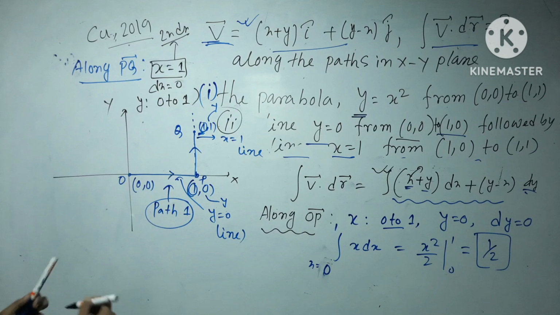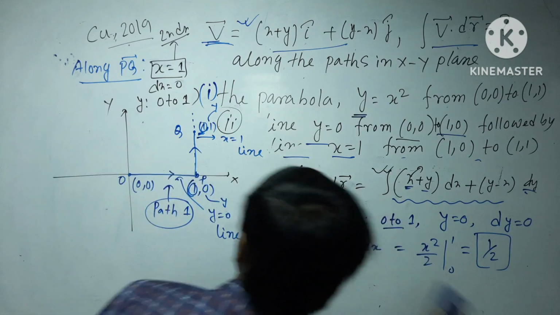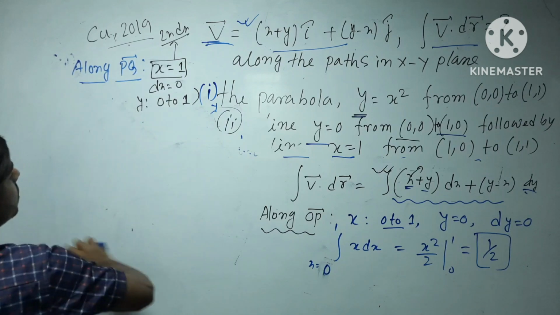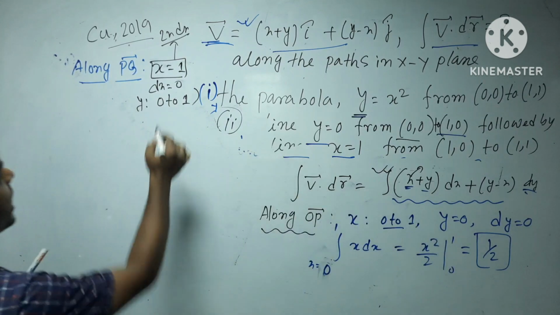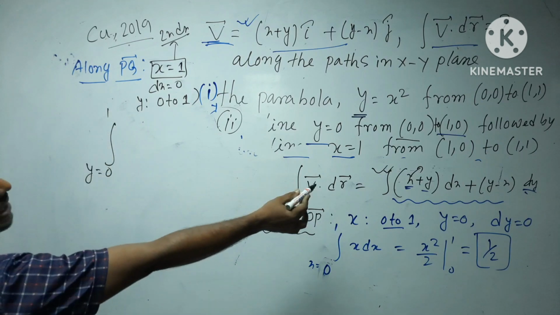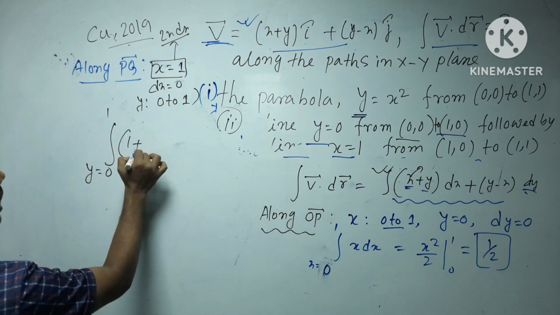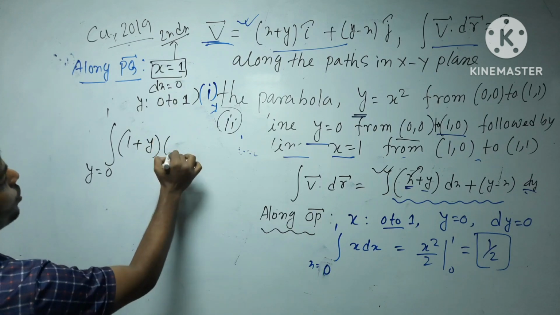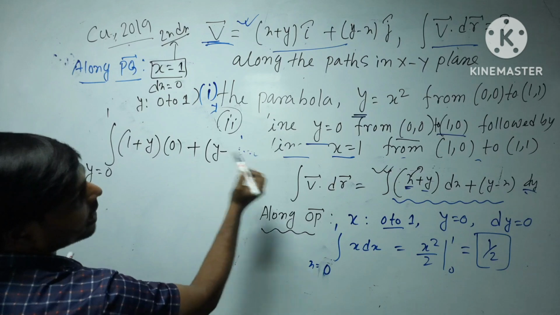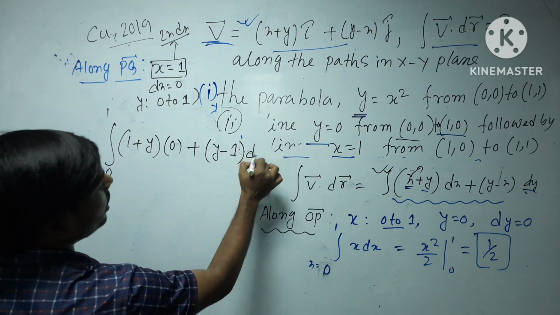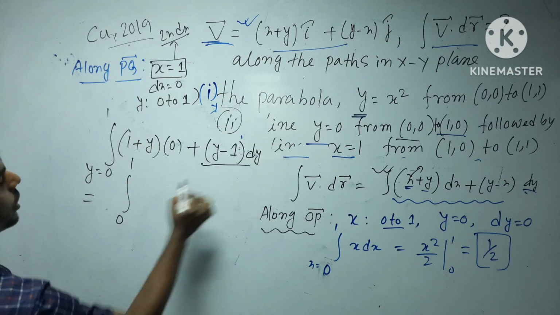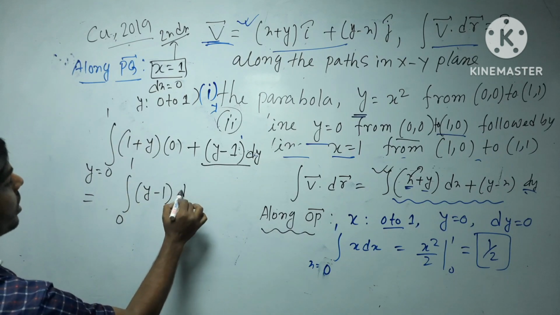So the integration, আমি যদি এটাকে মুছে দিই খুব একটা অসুবিধা হবে না. So basically integration y from 0 to 1, x যেখানে আছে 1 বসিয়ে দাও, so 1 plus y, oh dx তো 0, so first term is 0, plus y minus x, that is y minus 1 dy, so it's basically 0 to 1, y minus 1 dy.